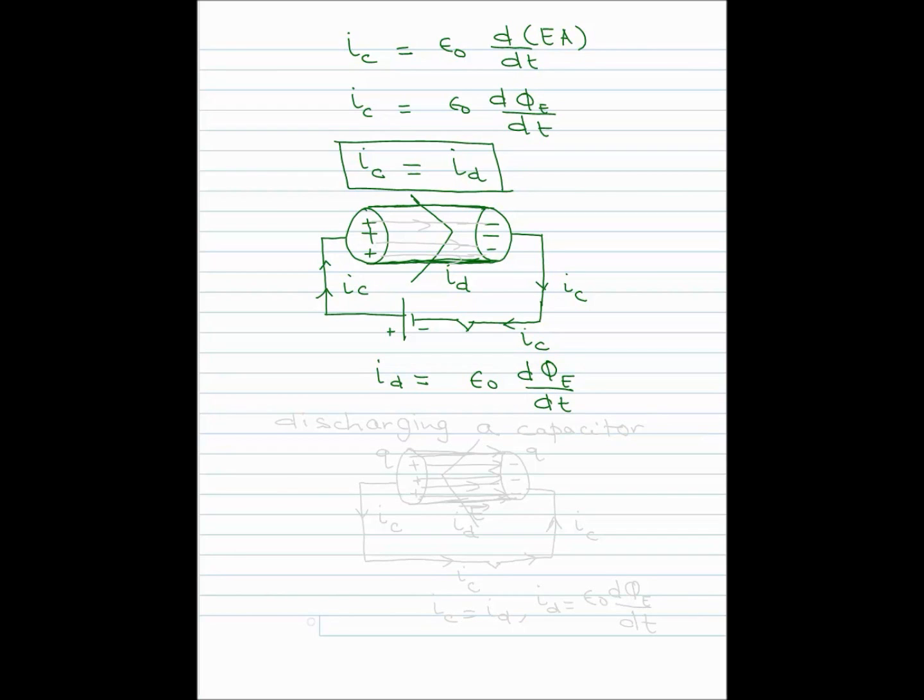In this case, notice when we are charging the capacitor, the electric field is also pointing from the positive plate to the negative plate, and the displacement current is in the same direction. Now let's think about what happens when we are discharging a capacitor. Because when we are discharging a capacitor, we basically have no battery in the circuit.